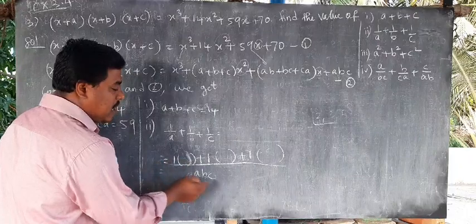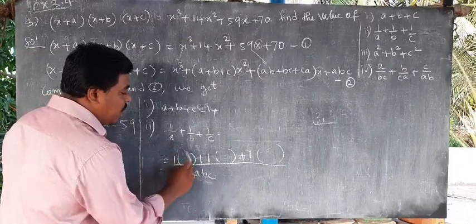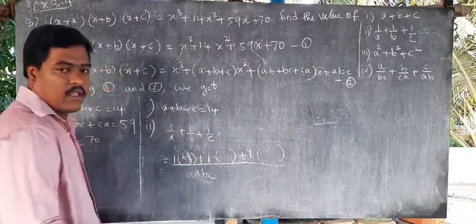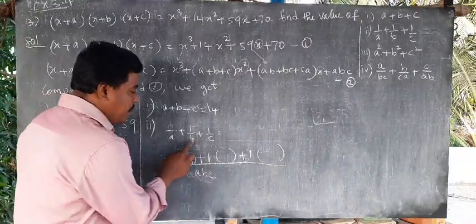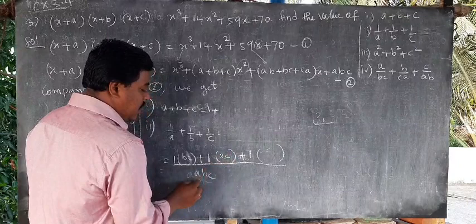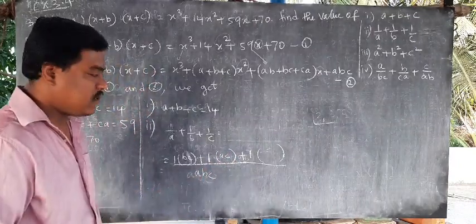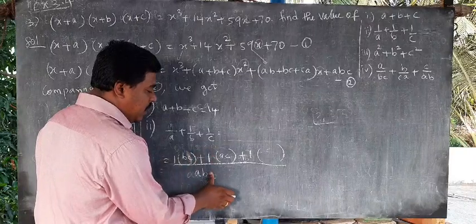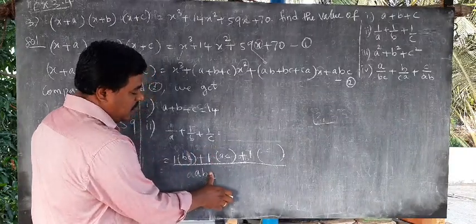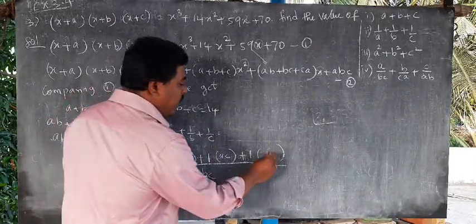We are getting this ABC. So A into BC, ABC. B into AC, ABC. Those are the remaining terms. Another one, here we have C, here also C. So what remains? AB. So we get AB.